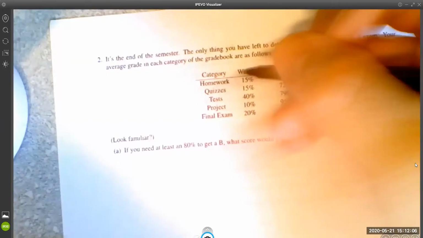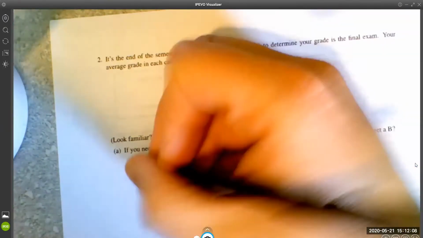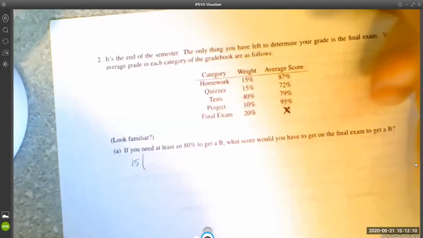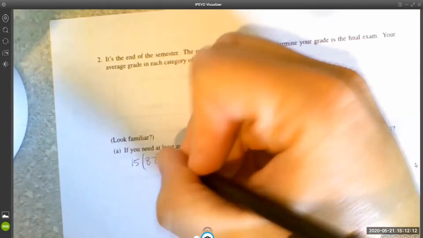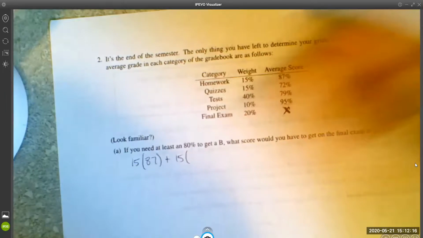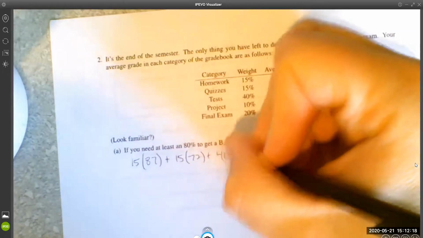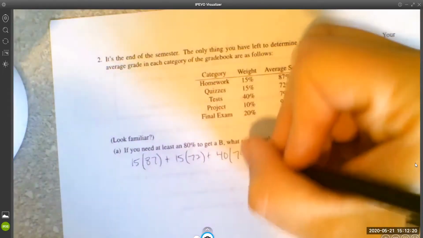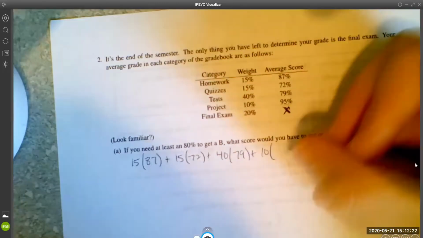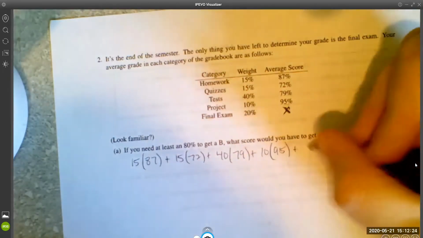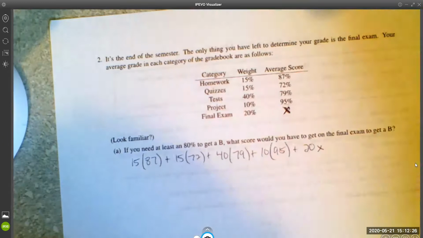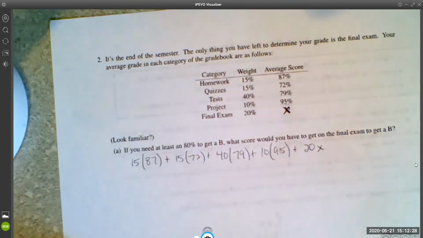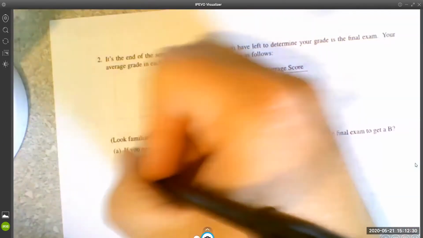I'm going to say, okay, so my weighted average is going to be the weight times the score plus the weight times the score plus the weight times the score plus the weight times the score plus the weight times the score, which we don't know. Okay, and then we're going to divide by the sum of the weights.